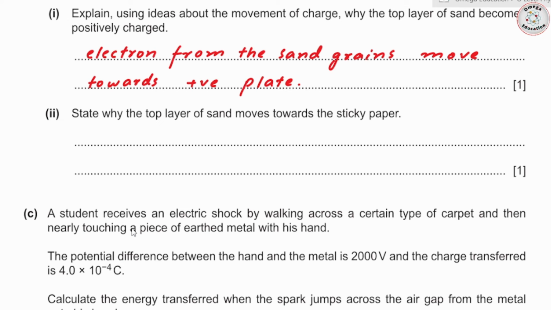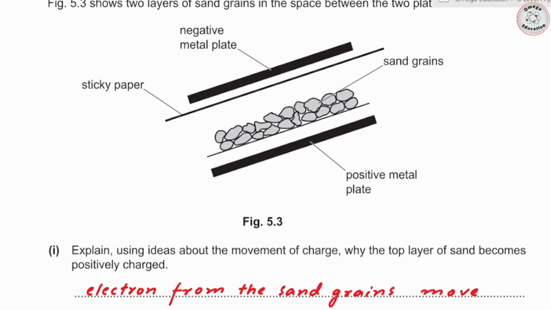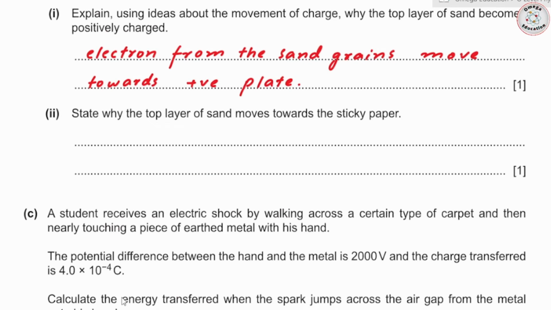Now the layer of the sand, as the electrons moved away from it, is now positively charged, and the top plate with the sticky paper is negatively charged. So these two opposite charges would try to attract each other. So we say positively charged sand grains are attracted towards the negative plate.